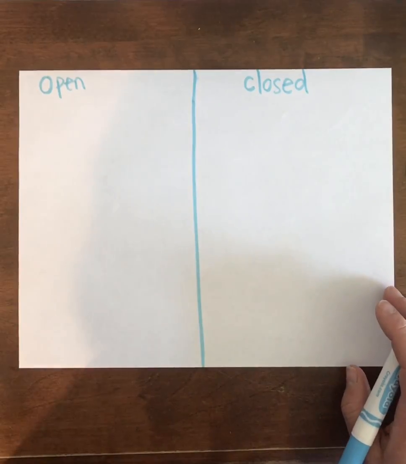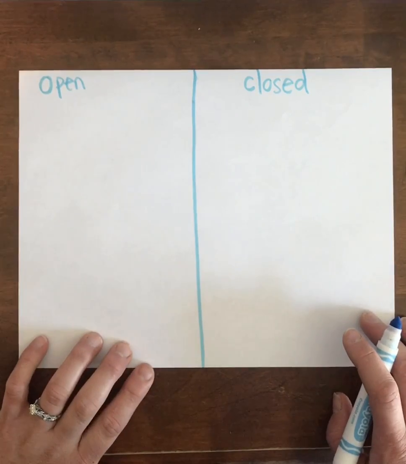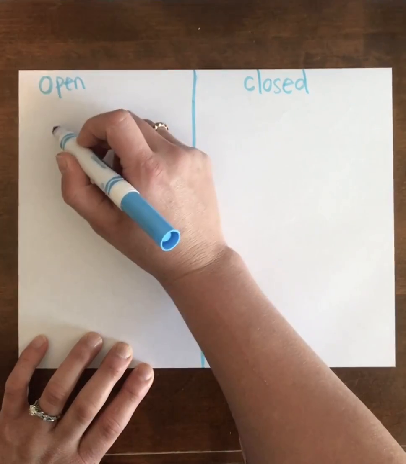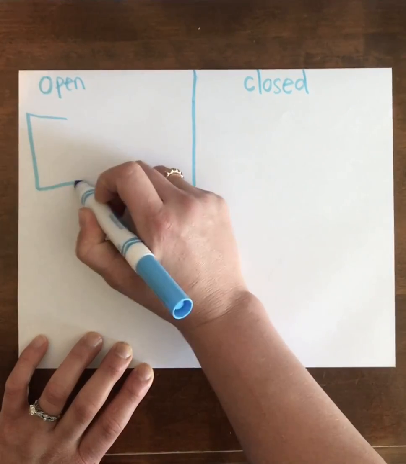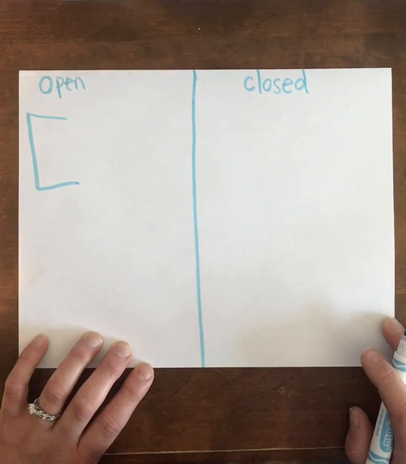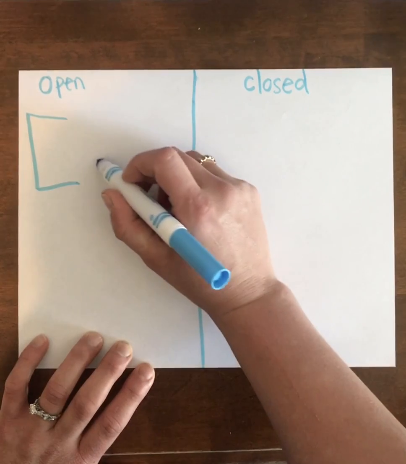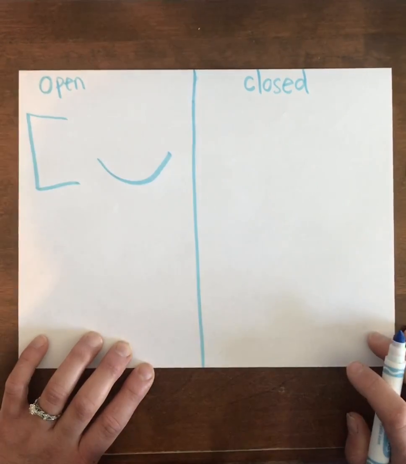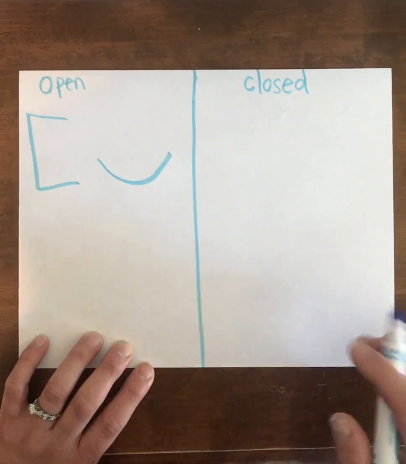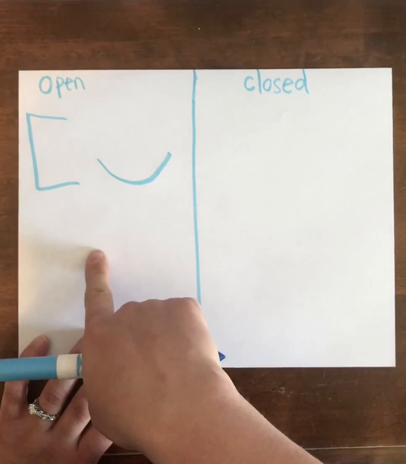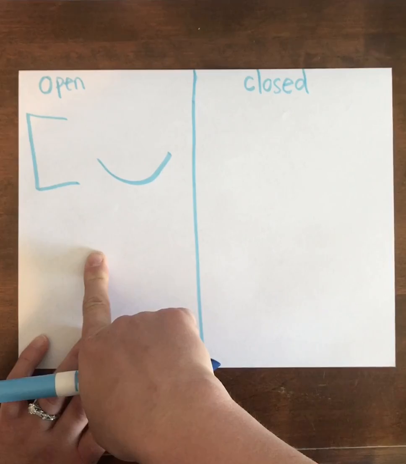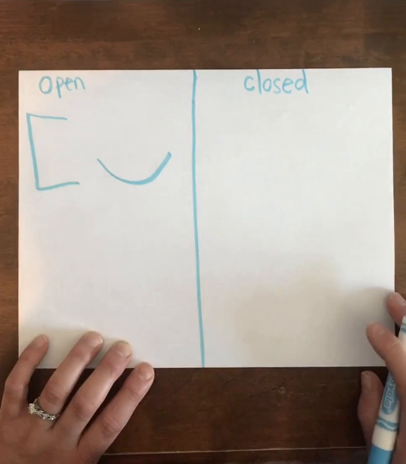Let's think of some figures that are open, where the sides don't connect. You could draw part of a square or a rectangle. You could draw a curved line that kind of looks like a smiley face. I need 4 figures on this side, so I would have to draw 2 more.